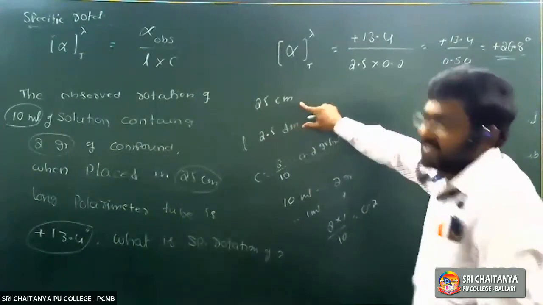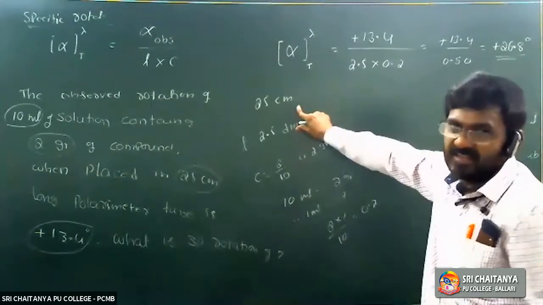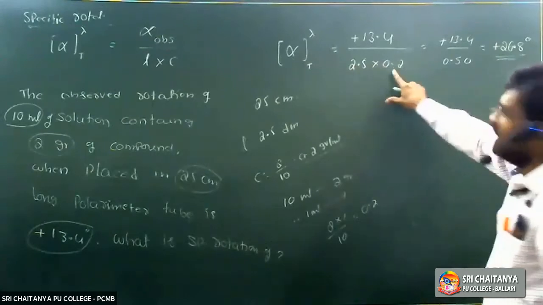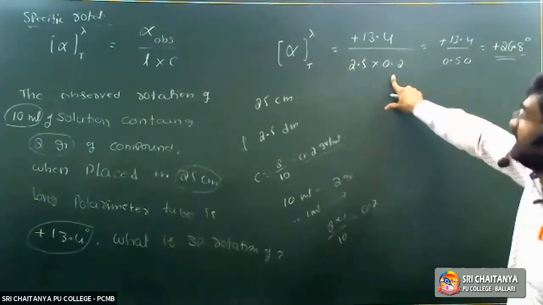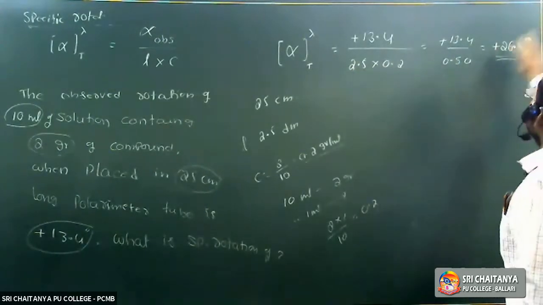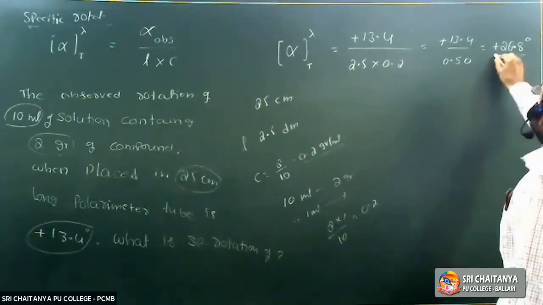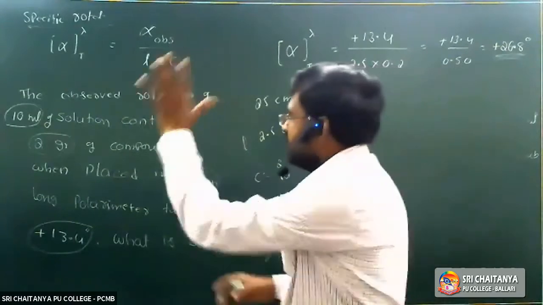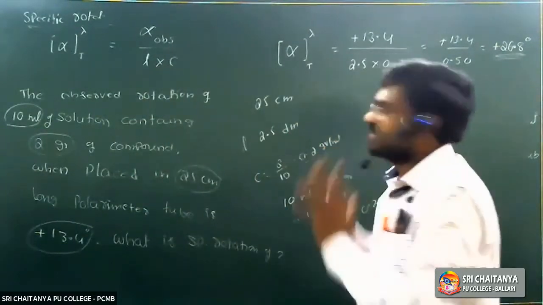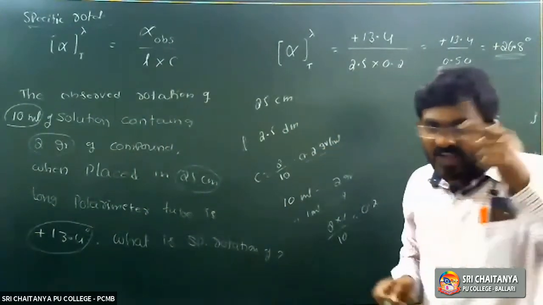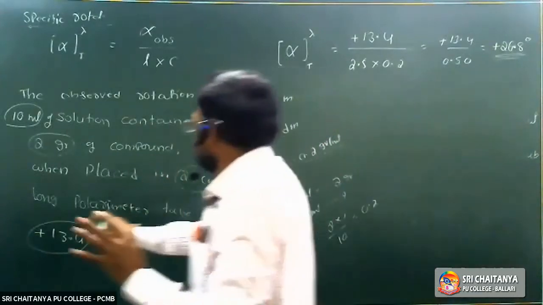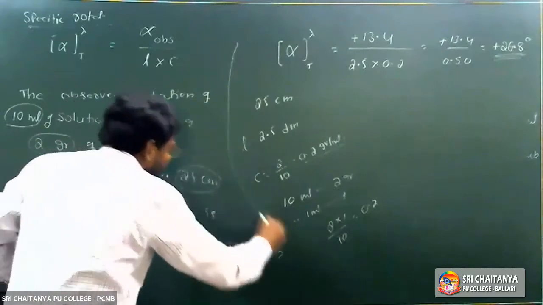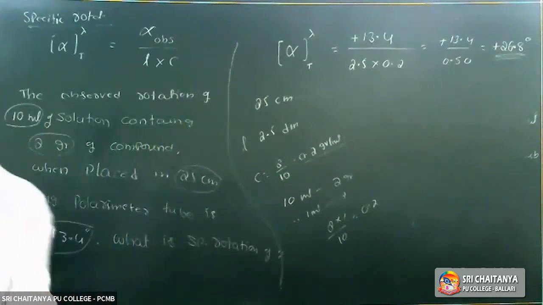It is 25 centimeters, deci means by 10, so L value is 2.5. Concentration is 0.2 gram per milliliter. Simplified, the final value is 26.8. It is the specific rotation of 10 ml of solution containing 2 grams of substance placed in a 25 centimeter long polarimeter tube.